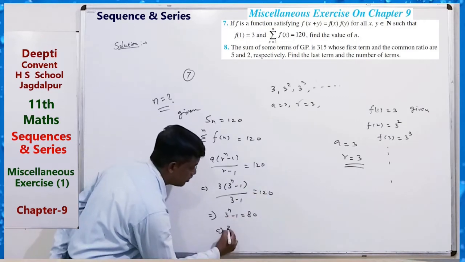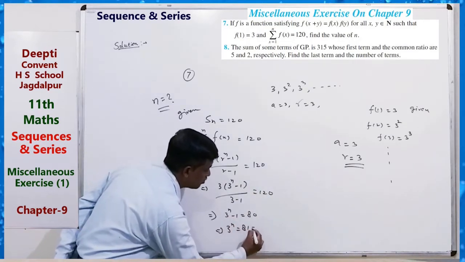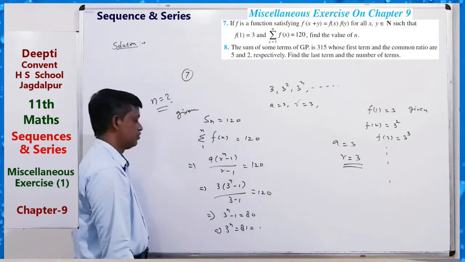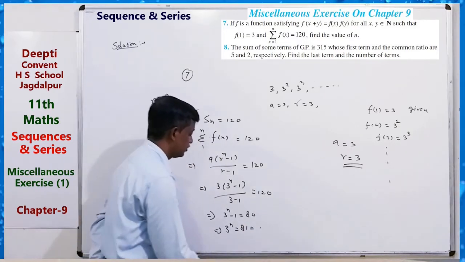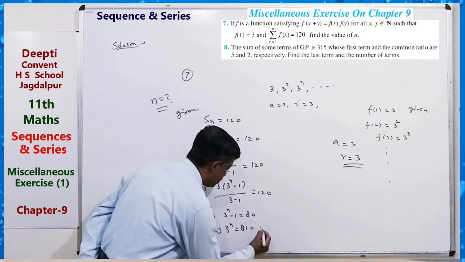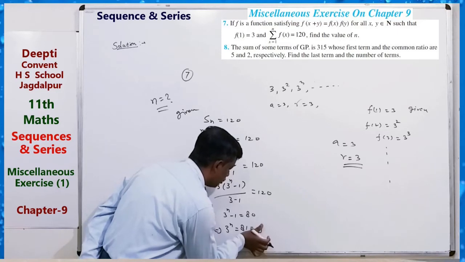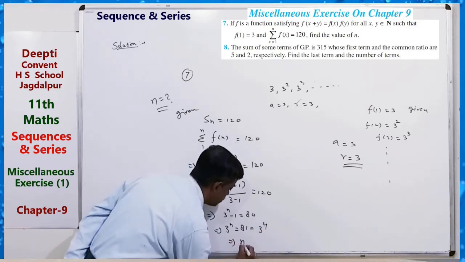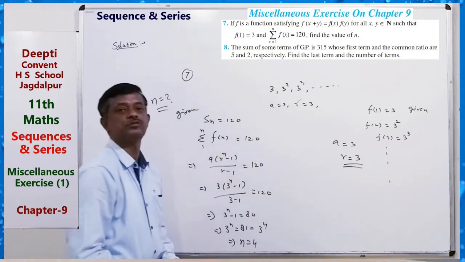So 3 to the power n equals 81, which is 3 to the power 4. So n equals 4.